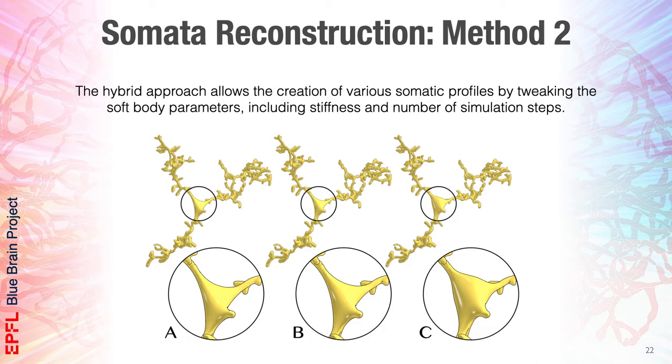This gives us the capability of creating highly realistic somatic profiles and tweaking the soft body parameters such as stiffness and number of simulation steps to create a somata profile that is as realistic as possible.